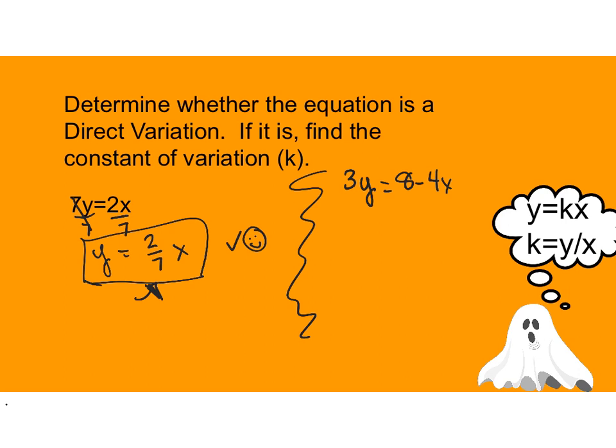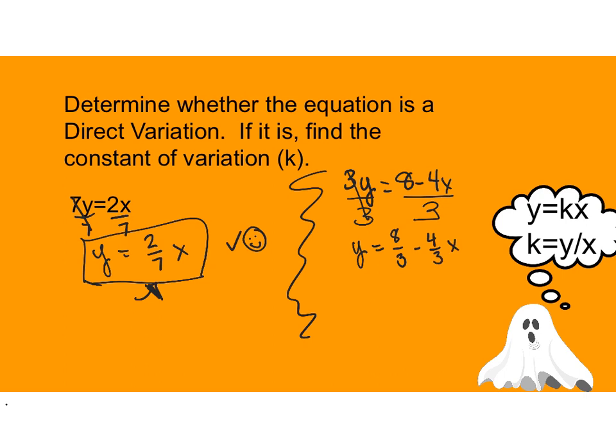So, the first thing we're going to need to do is to divide by 3, and we divide the whole thing by 3, so this will cancel out, and then we're going to end up with y equals, and then since we're dividing by 3 both terms, we're going to have 8/3 minus 4/3 x.